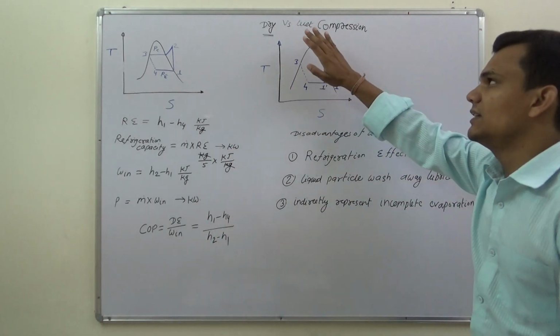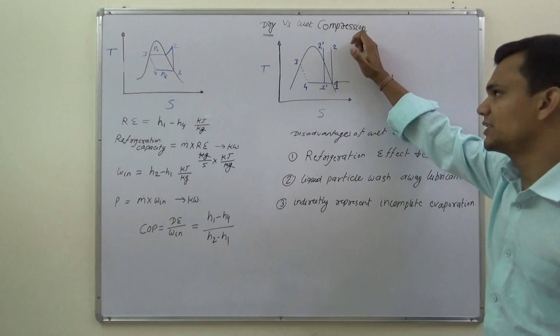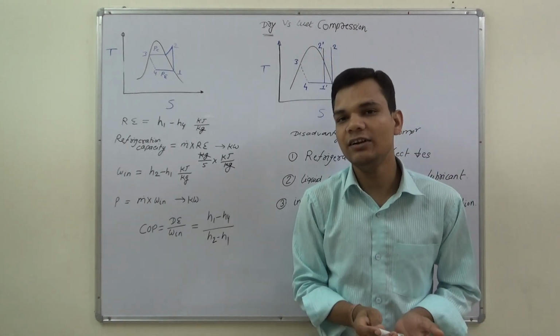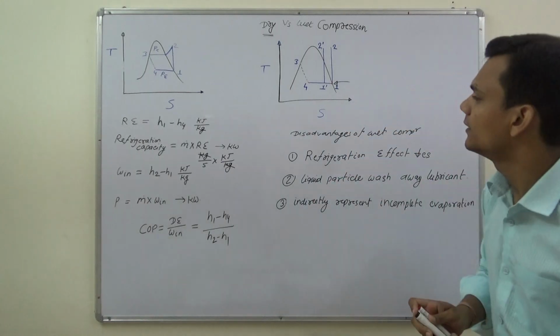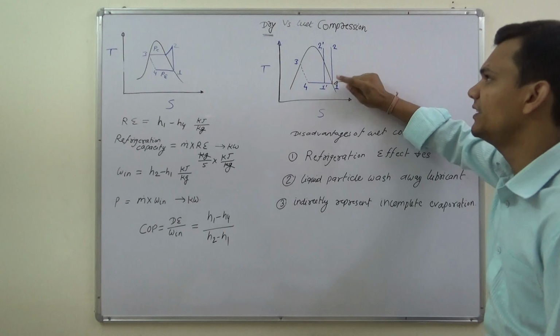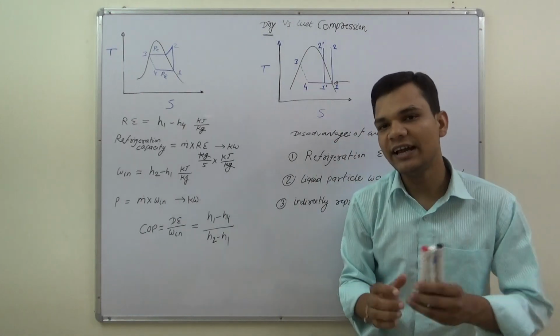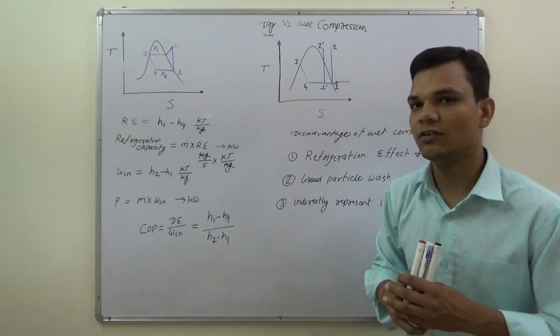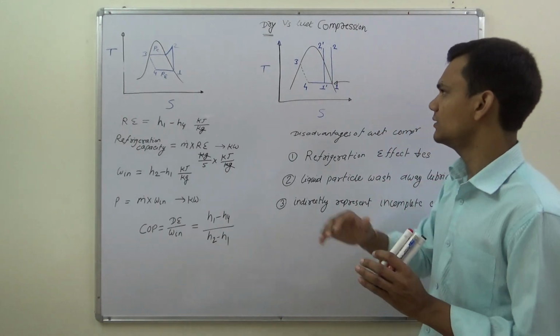Let me start our discussion related to dry versus wet compression. Dry compression: if the entry to the compressor is from saturated vapor, then it is called dry compression. In dry compression only saturated vapor is present, no liquid particle is here.